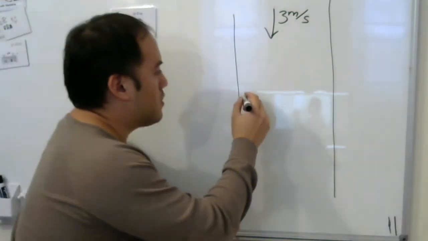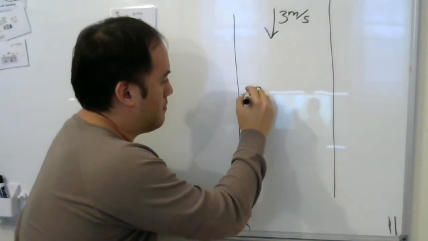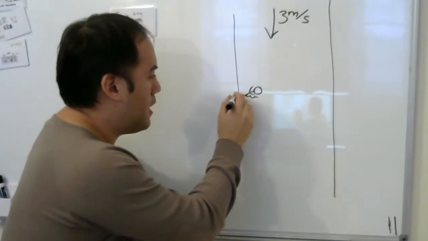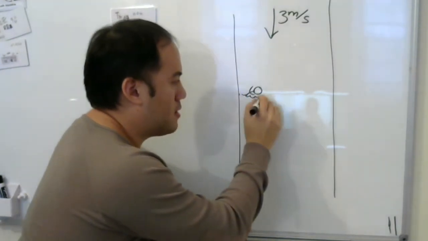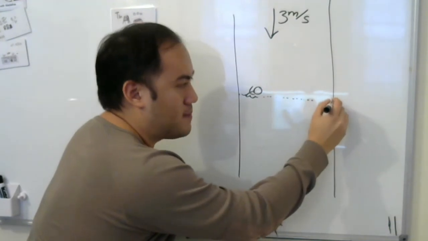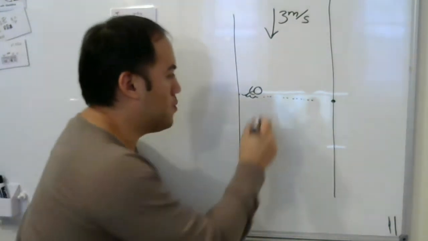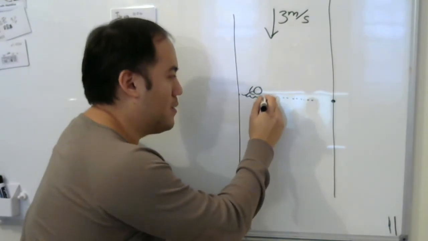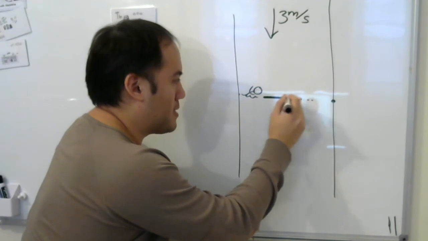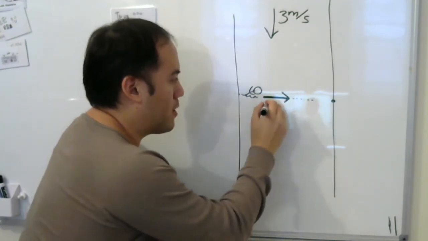So let's say there's a swimmer in the water. That's what swimmers look like. And they want to swim straight across the river to get to the other side. And normally in a pool, in a pond, in still water, this person, maybe their name is Nick, can swim 4 meters per second.